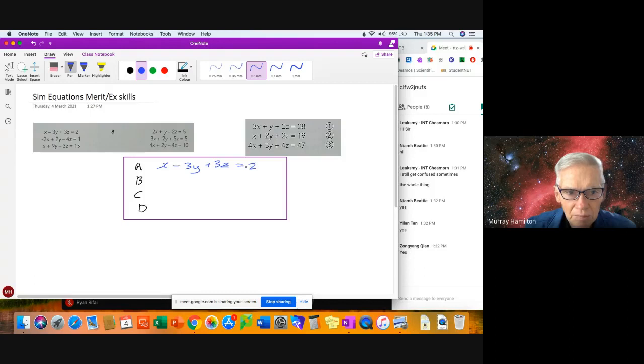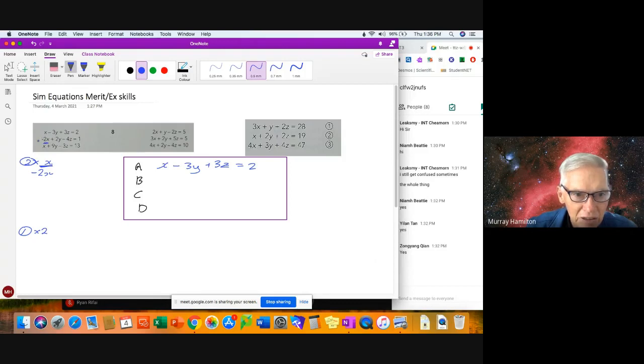equals 2. Now, for equation B, we need the same number in front of x. At the moment, I've got minus 2x for the second equation. I've only got an x. I need to double that, so I'm going to multiply all of equation 1 by 2. I get that 2 from this number here.